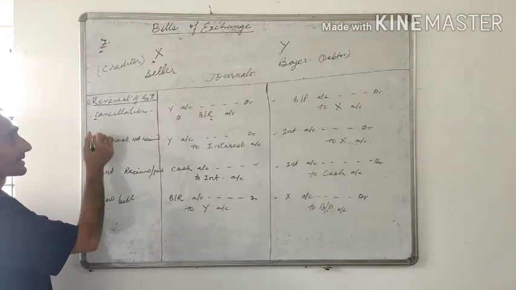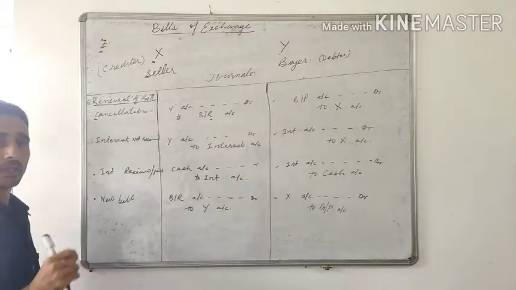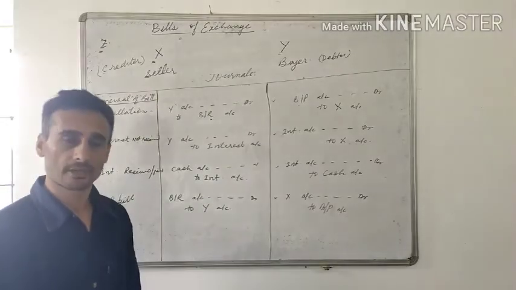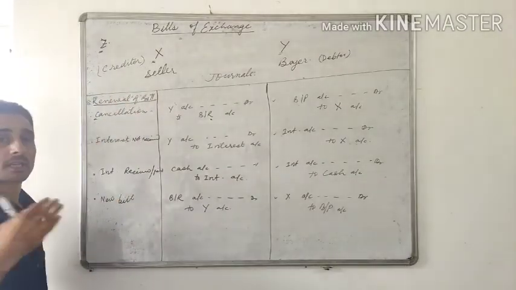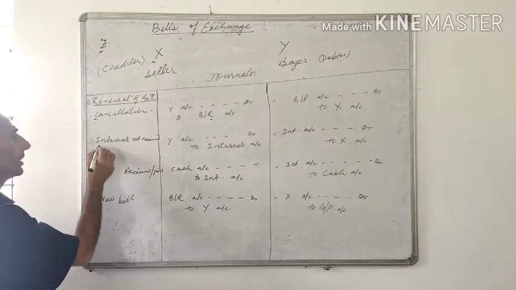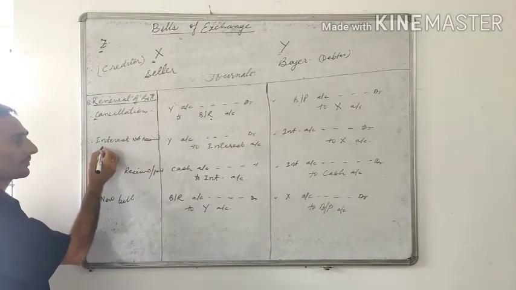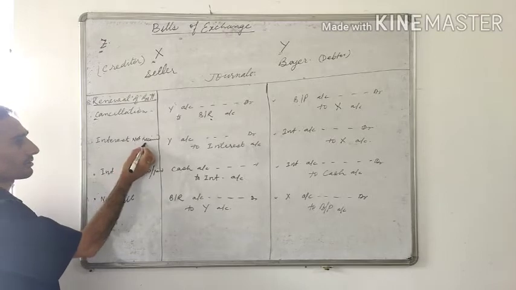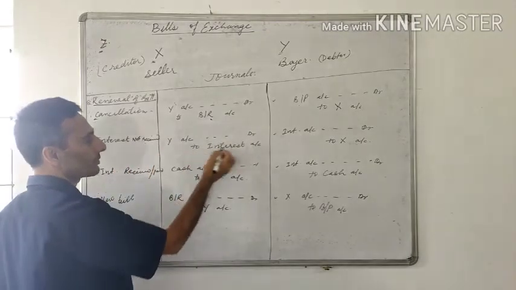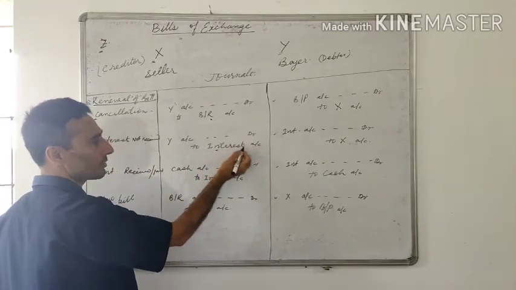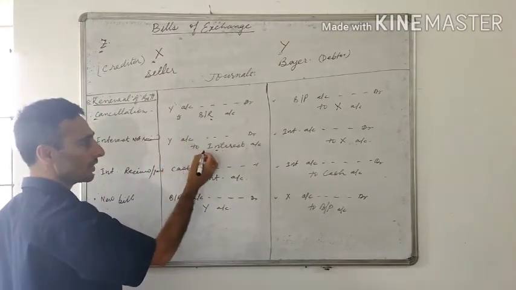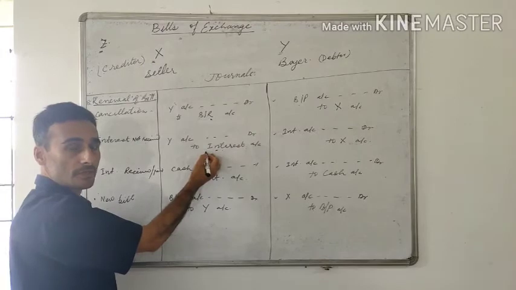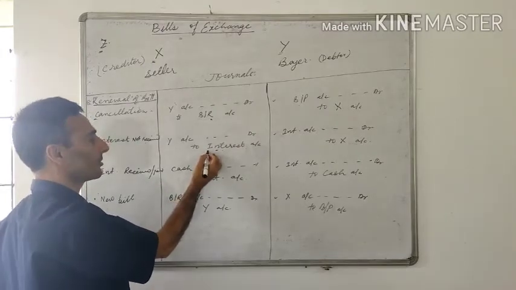Then when the bill is cancelled, a new bill is drawn for the extended period. Now for this extended period, X may charge interest. If the interest is not received, Y account debit to interest account. Your interest account is credited because it is an income for X. Debit all losses and expenses, credit all gains and incomes.